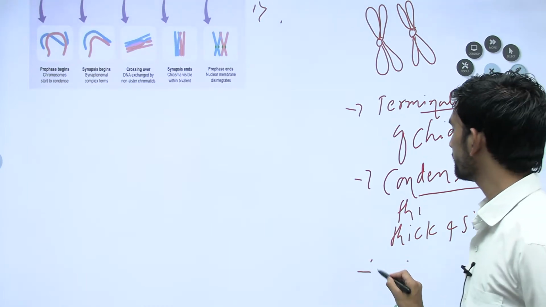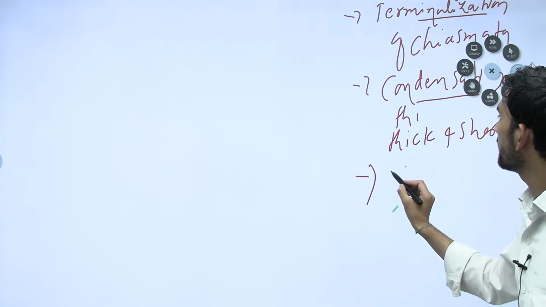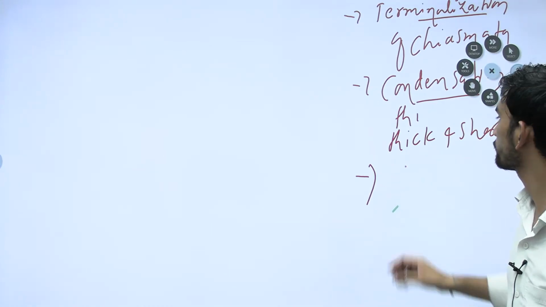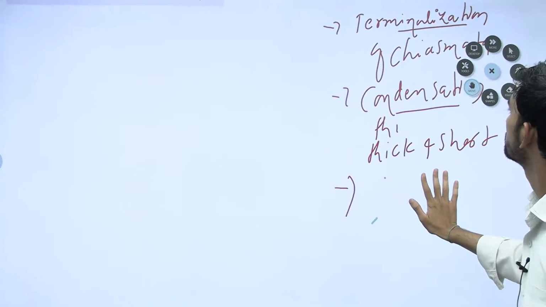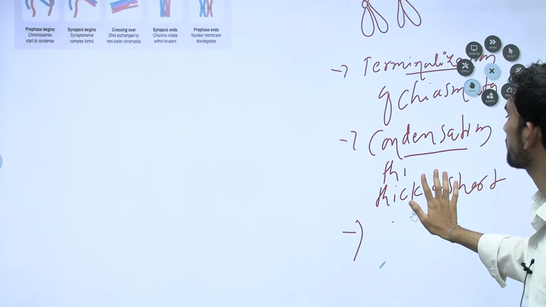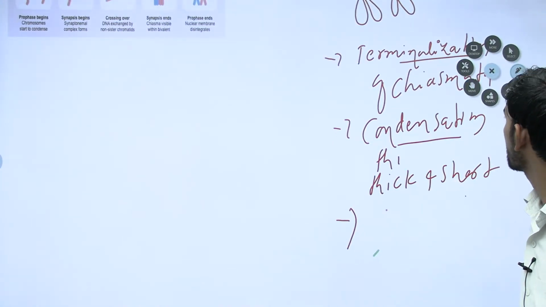Along with that, one more event occurs in diakinesis. What's happening at the end? You should remember: terminalization of chiasmata, condensation of chromosomes so that they become thick and short.